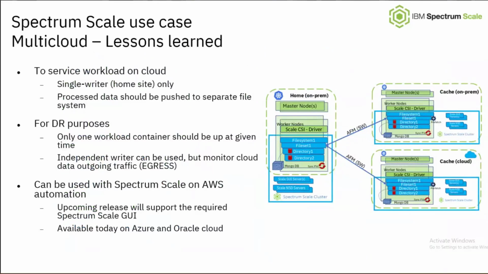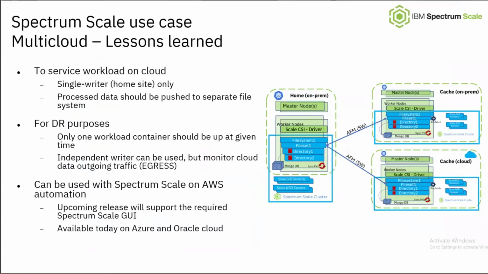As I mentioned, we were focusing on the single writer side for simplicity reasons, mostly, and we took care that if we spin up the OpenShift clusters in the remote cloud locations while the home site is going down, we could access the very same data and use the very same workload on these replicated setups.